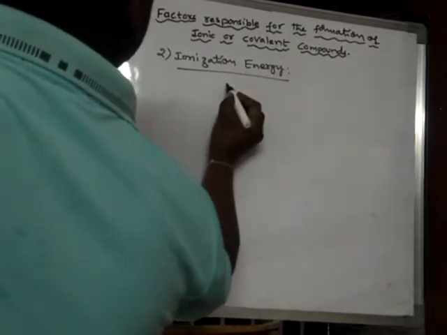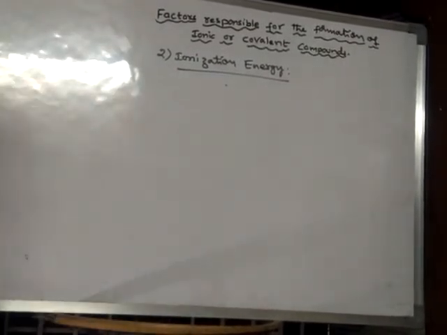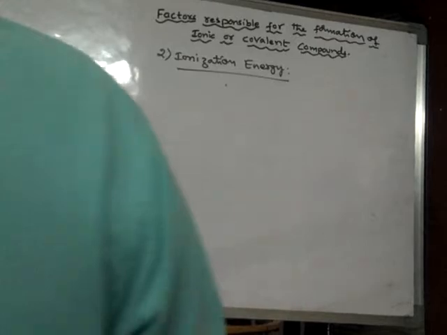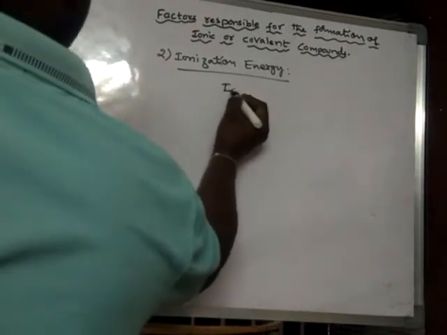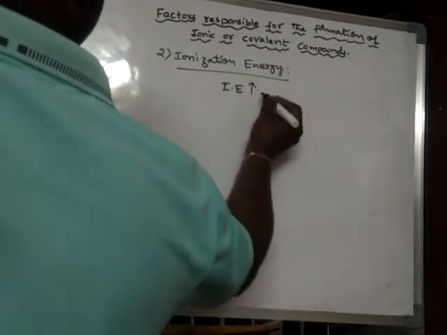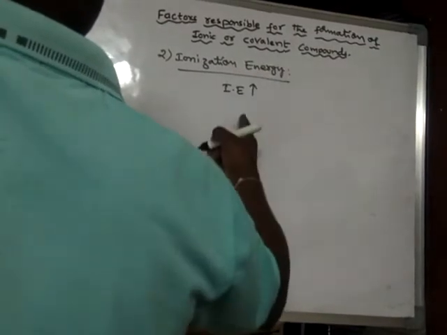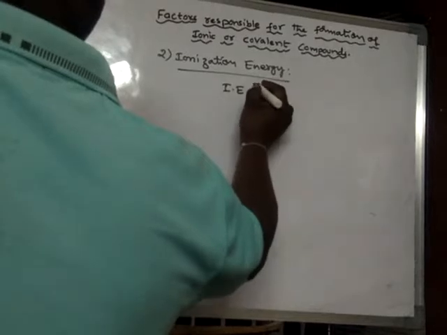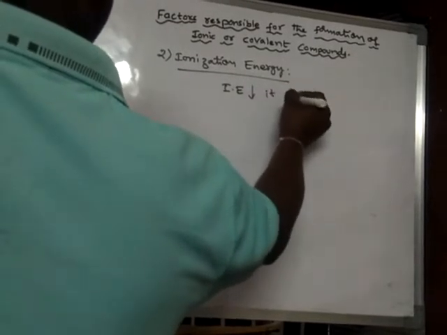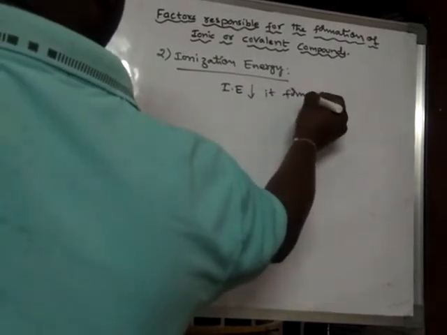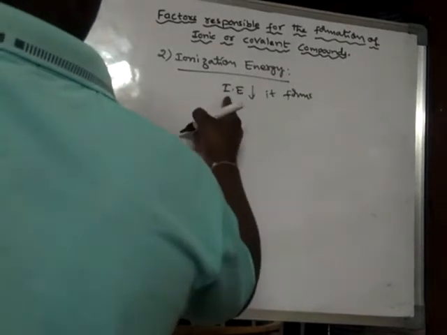See, if the difference in the ionization energy is large... So, for example, if ionization energy is more, and if ionization energy is small, less, okay, ionization energy is less.